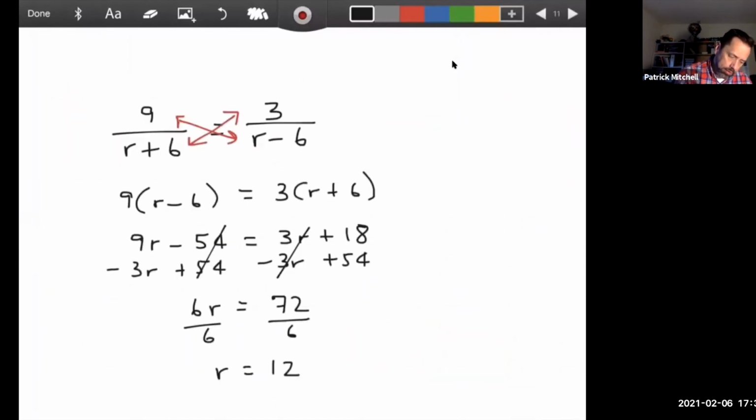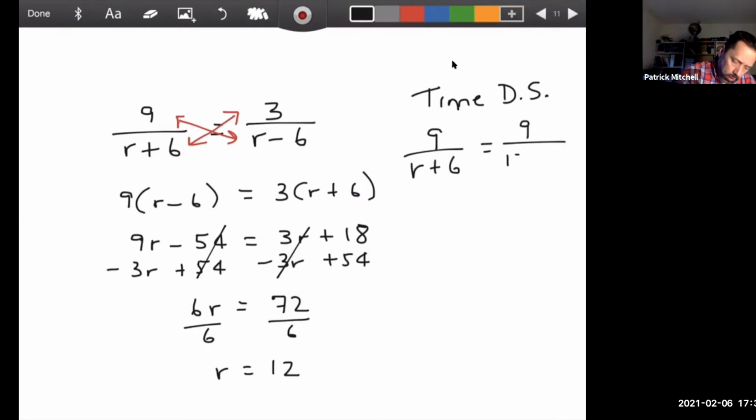Remember that the time going downstream was 9 over R plus 6. And now that we know that R is 12, that's 9 over 12 plus 6, which is 9 over 18, which is 1/2, as in half an hour.